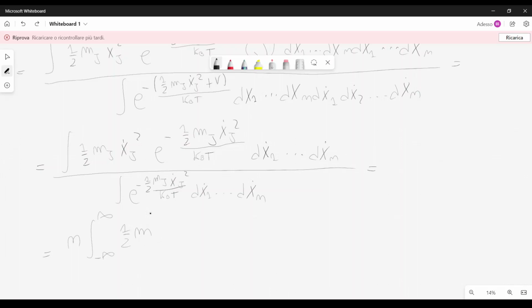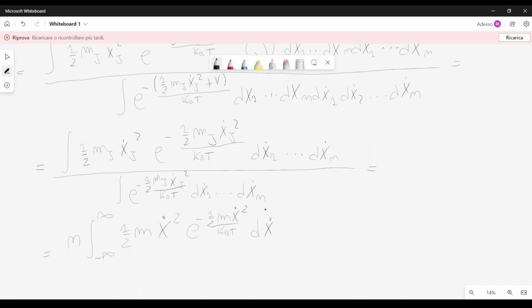And then we have the velocity of one of the particles, the jth component. I'm just going to call it x dot squared in order to make the notation easier. And here we will have e to the minus 1/2 m x dot squared over k Boltzmann T, and here we just have dx dot.